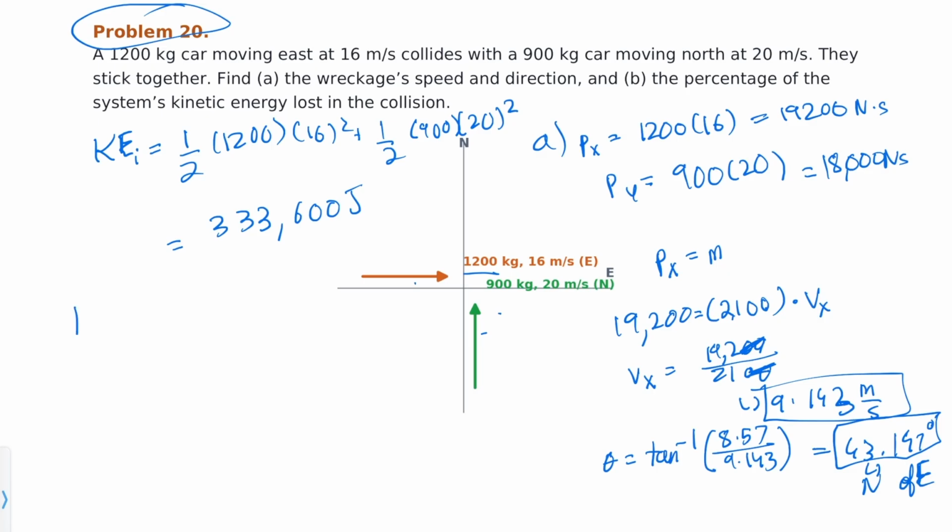Okay, our kinetic energy final is 1/2 times, what's our mass now? It's a combined mass, right? 2100 kilograms. What's our final velocity? Well, we have that. That's why it came in handy, right? We need to calculate it again because we couldn't have just used regular velocities here. It looks like I erased it.